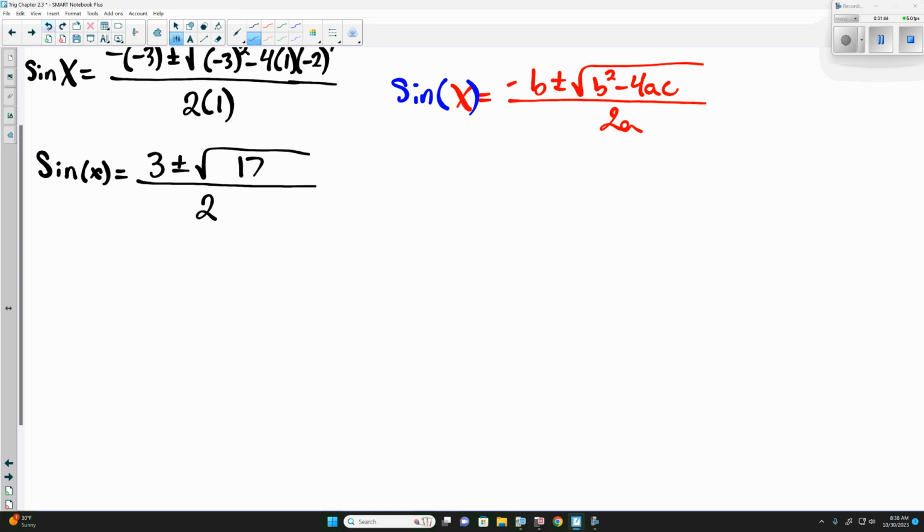So that's really as simplified as it gets. Now we'll have to use our sine inverse to approximate the solutions. So what we're saying is that x is equal to arc sine of, we'll have the positive case, 3 plus the square root of 17 over 2.